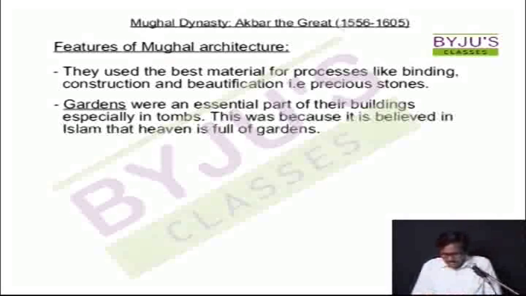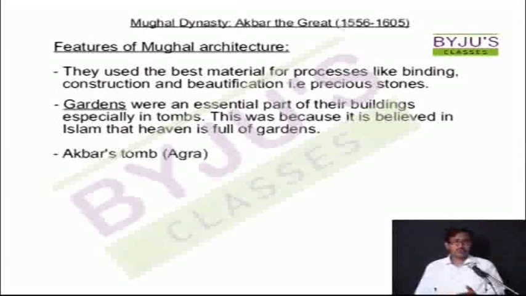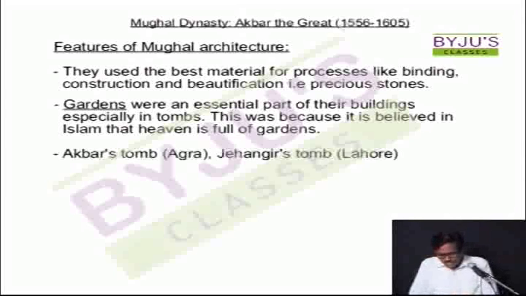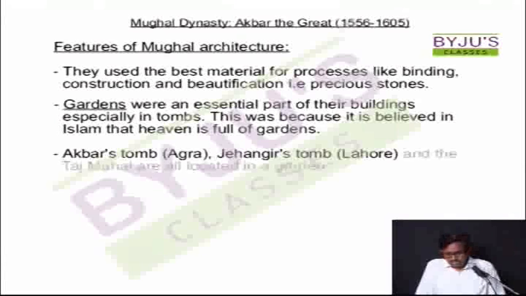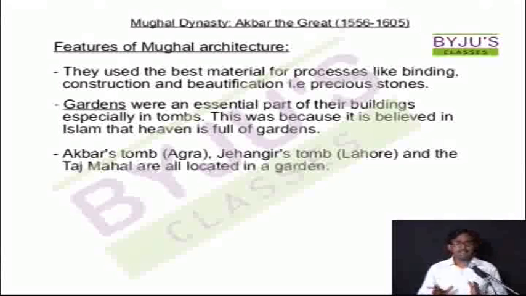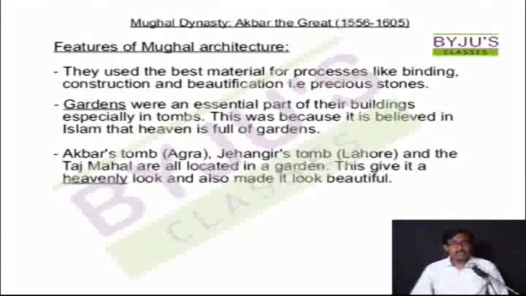So in most cases, when a tomb was constructed, whether Akbar's tomb at Sikandra near Agra, Jahangir's tomb in Lahore's famous Shahdara, or the Taj Mahal itself, it is situated in a beautiful garden, and that was not only for beautification but also to give a heavenly look. As I told you, in Islamic history, heaven has been described as full of gardens.